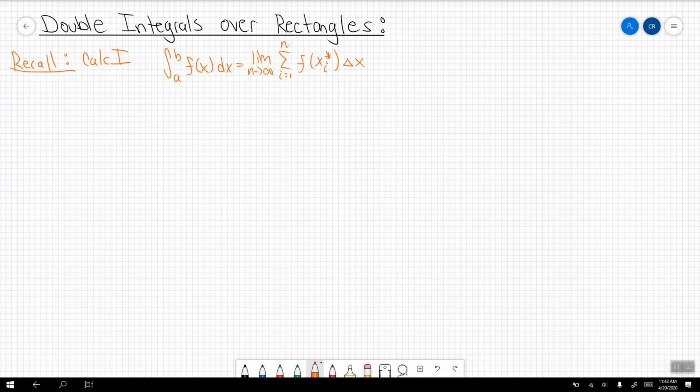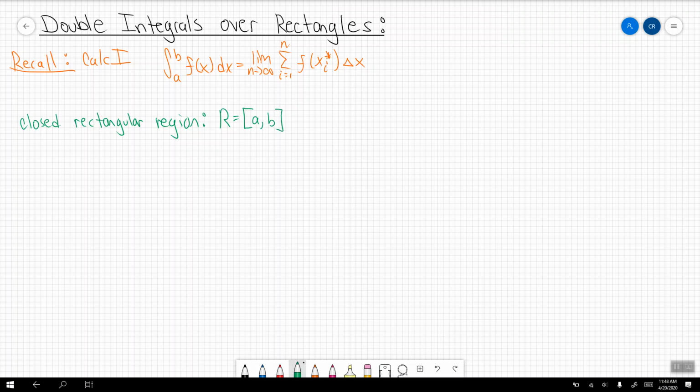As far as we're concerned, we're always going to be operating on closed rectangular regions for this section. And these closed rectangular regions look like this. Typically it's denoted by R, and then we give one interval.